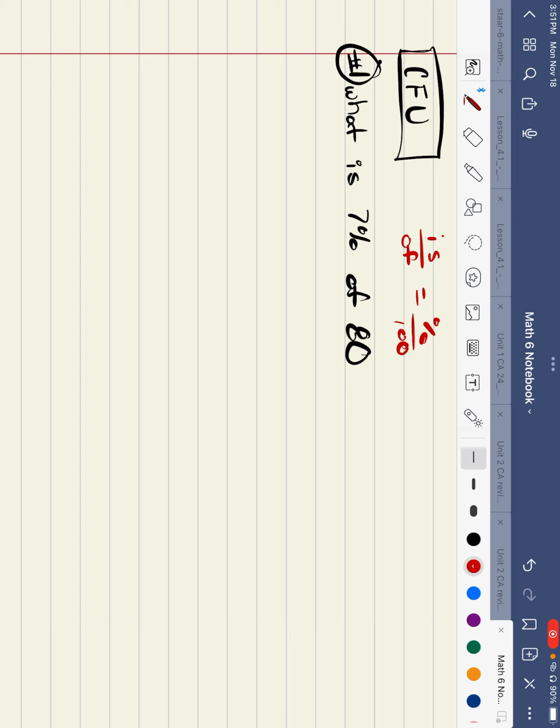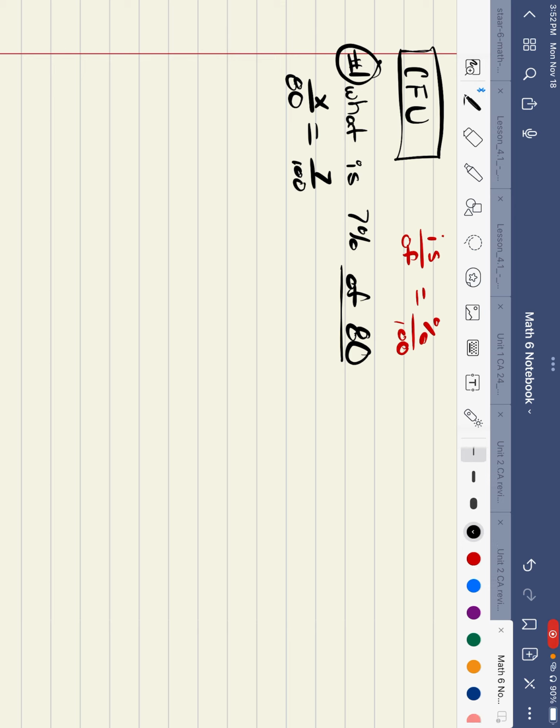Okay, so actually try to work them before I do it. So pause the video, try to work it out. See if you can set it up correctly, and then maybe unpause it to check your setup, and then pause it again to actually work it out, and then you can unpause it to check yourself. So I'm gonna get to going now here. It's gonna be x over 80 because of is with 80. We don't know is, and then we got 7%.